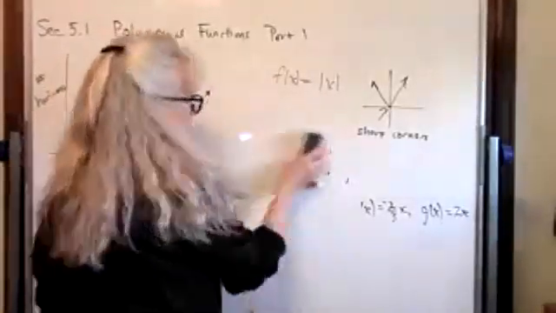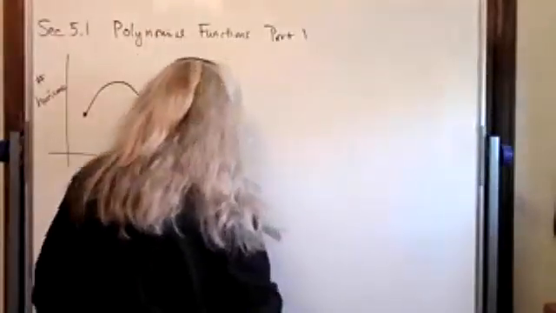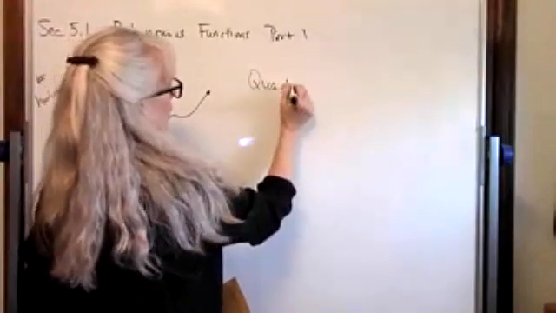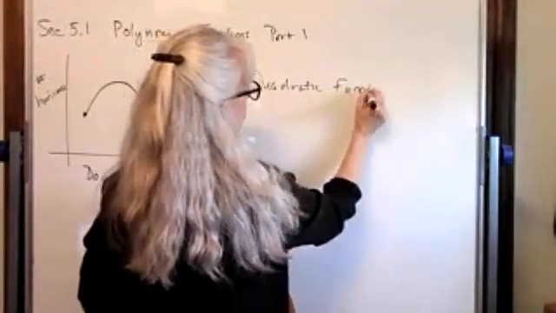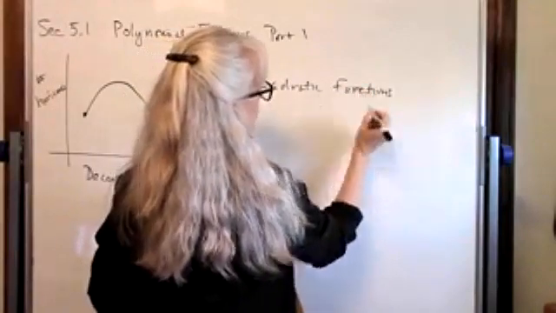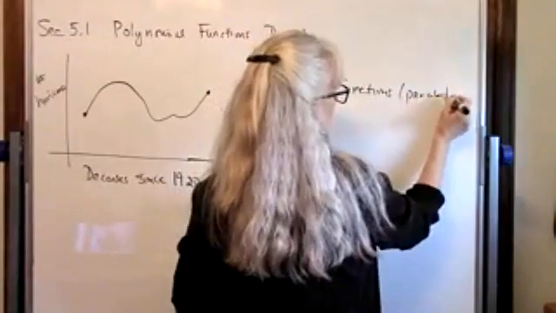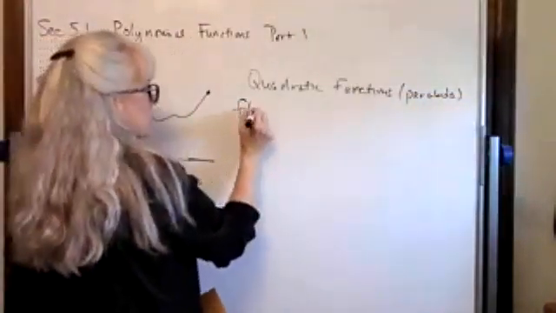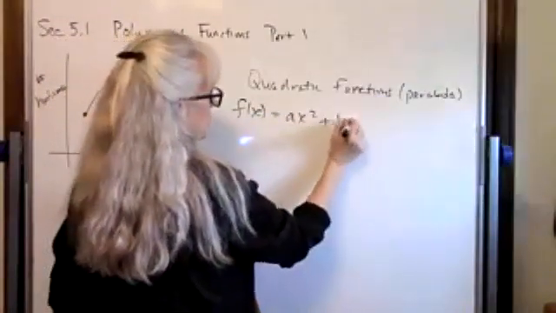We've also already seen quadratic functions. With a quadratic function, which we talked about in the previous chapter, chapter 4, we know those are graphs of parabolas. And if you think about the graph of a parabola, sure enough, it is smooth and continuous. So that would be something like ax squared plus bx plus c.